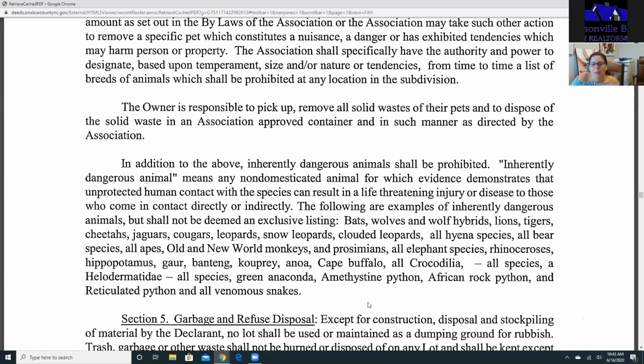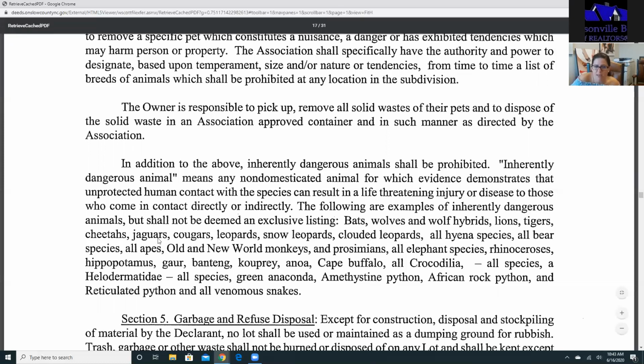Probably not. But the reason why they throw these in here and make it a little bit out of the ordinary is because of exactly what I was just talking about. They give you examples of inherently dangerous animals. And I don't know too many people that would say that bears or leopards or even Cape buffalo are not inherently dangerous animals, but it shall not be deemed an exclusive listing.